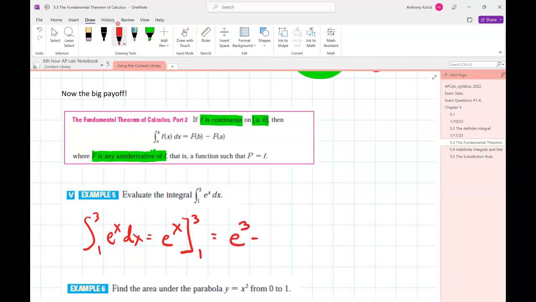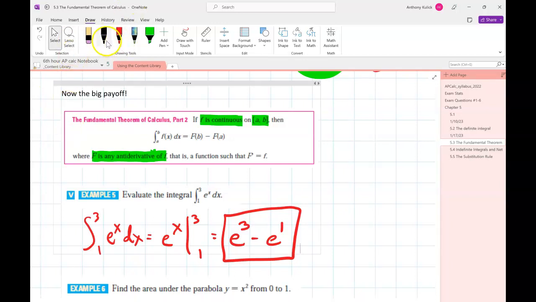So I'll do e to the third minus e to the first. Done. What's the notation on the right? Some people write it with a bracket around it, some people just put a vertical bar. That just means that we're going to evaluate at those two points and take the difference.